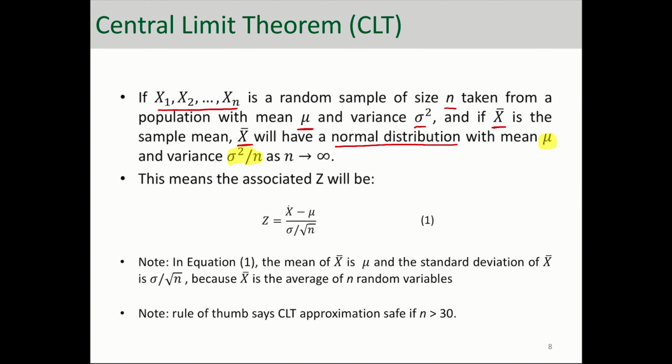Basically what it says is if x, your initial observations, has an unknown distribution with some average and some variance, then x bar, the sample averages coming out of this distribution, will have a normal distribution with average of mu and variance of sigma squared over n.